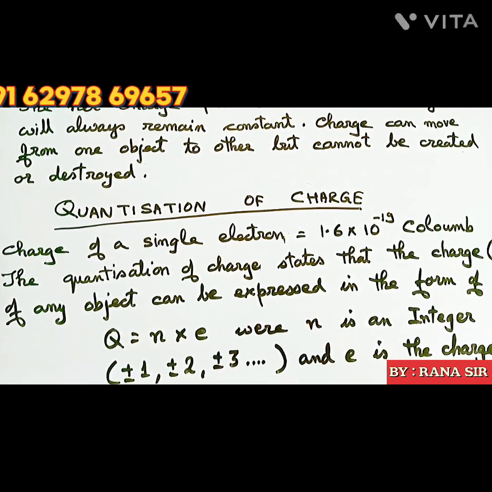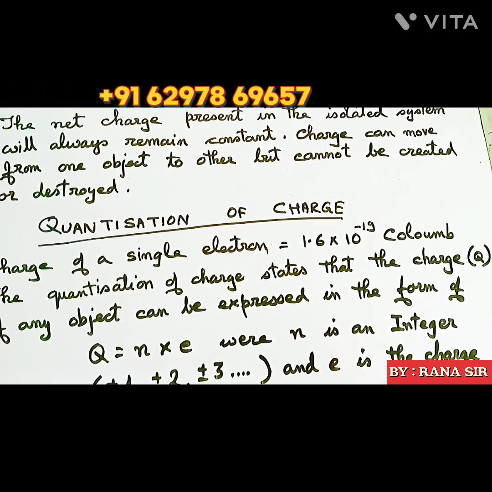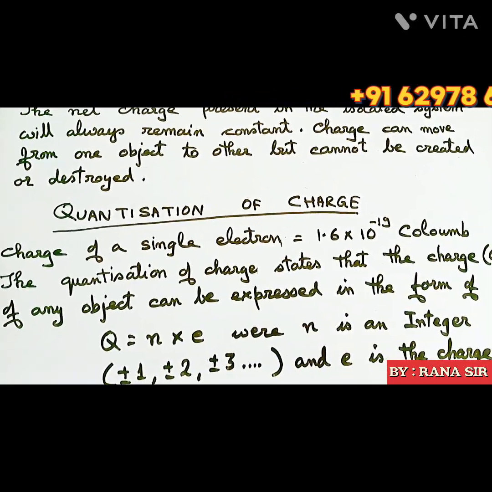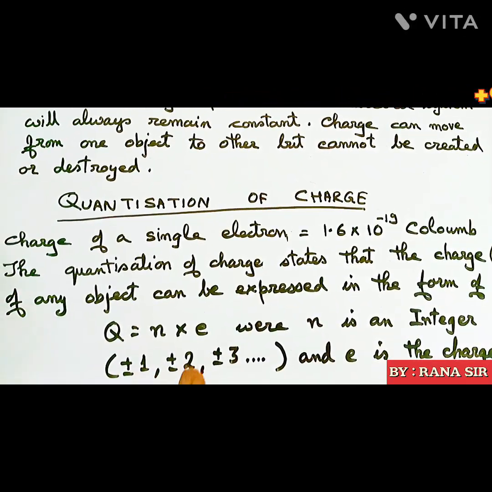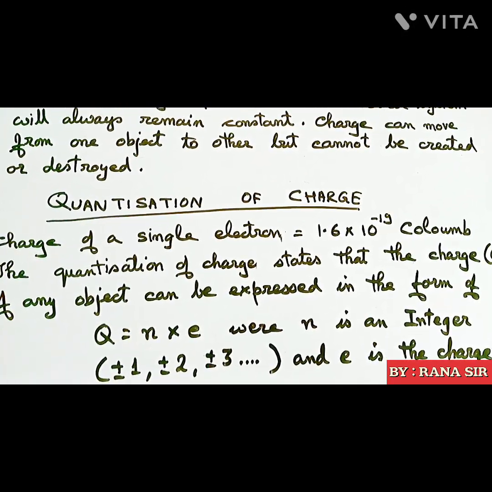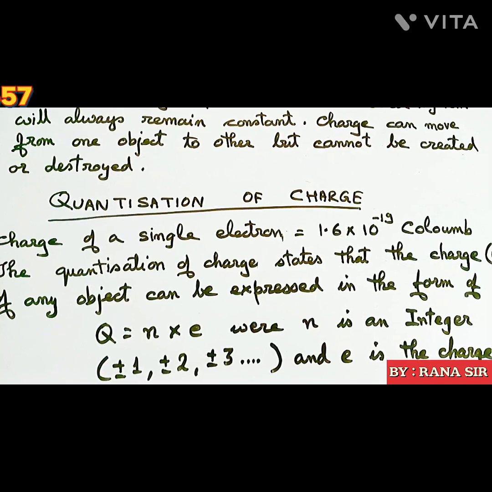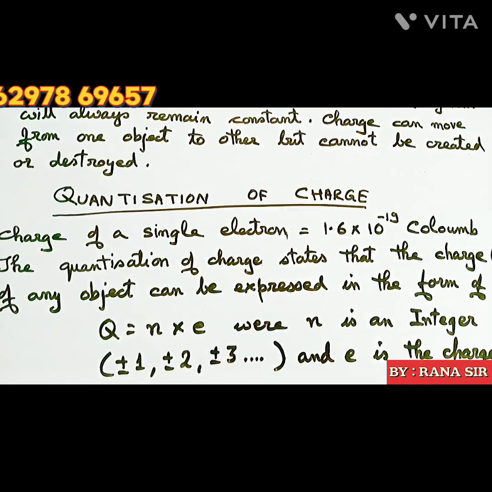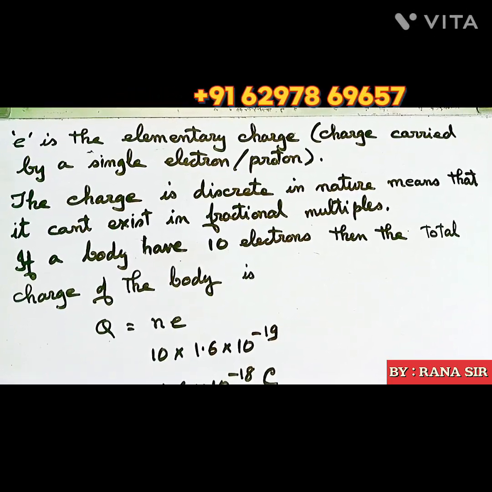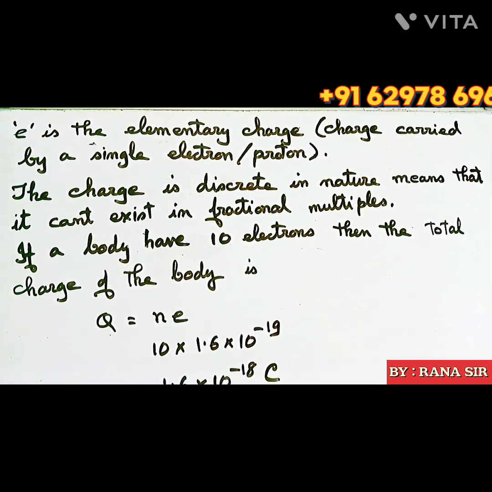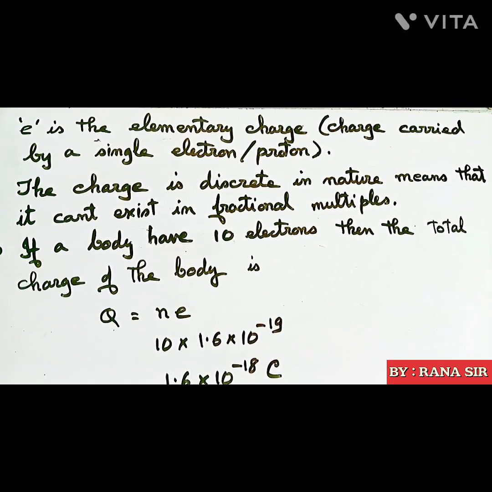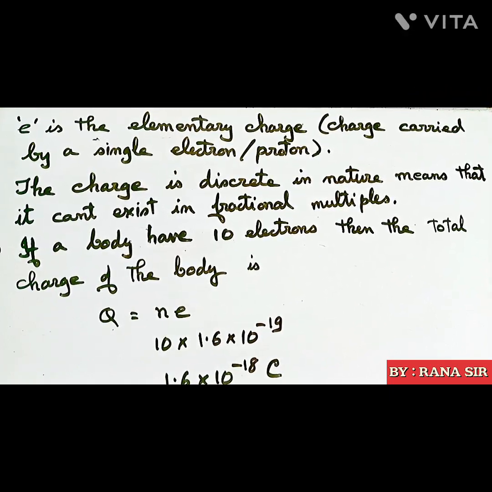The quantization of charge states that the charge Q of any object can be expressed in the form Q is equal to N into E, where N is an integer, plus minus 1, plus minus 2, plus minus 3, and so on, and E is the elementary charge, that is the charge carried by a single electron or proton. So the charge is discrete in nature, meaning that it can't exist in fractional multiples.